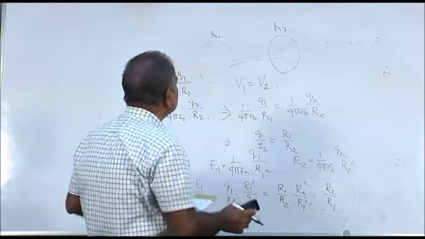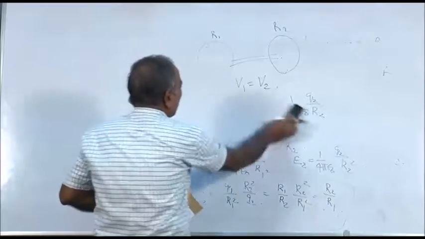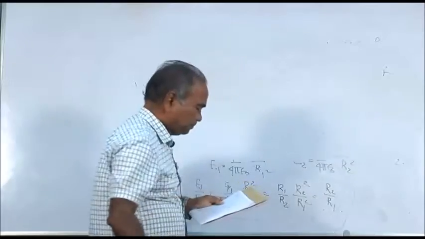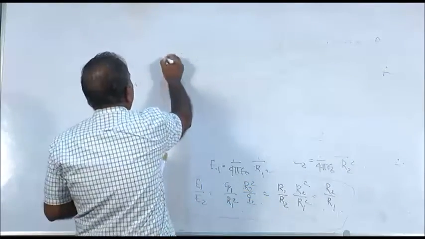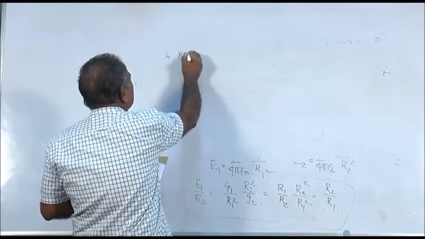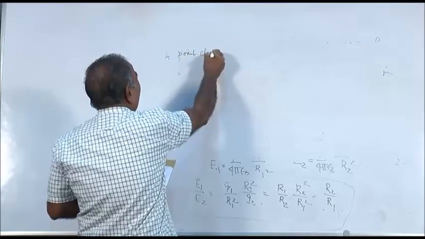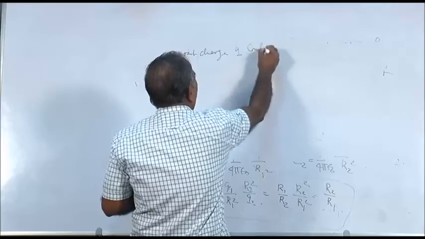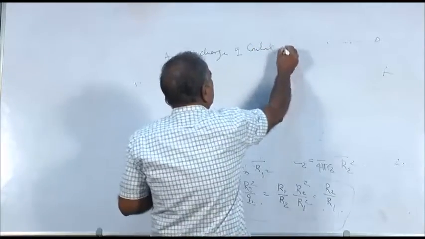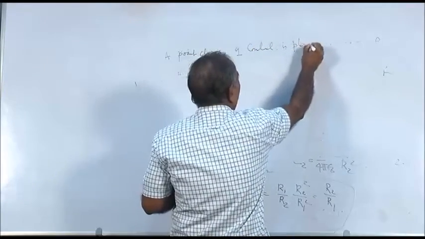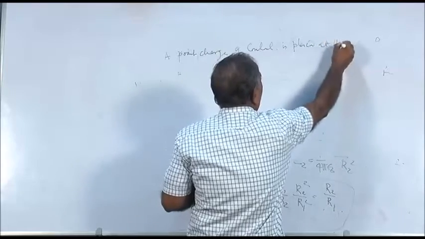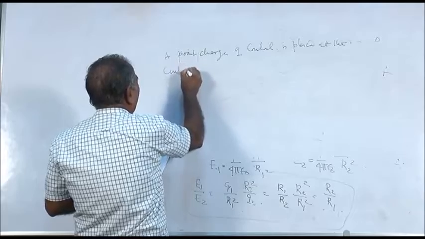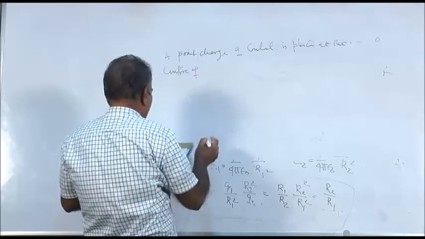Question number 3. A point charge q coulomb is placed at the center of a cube.